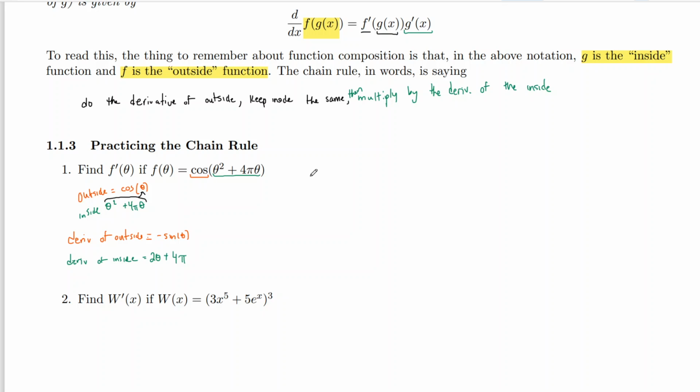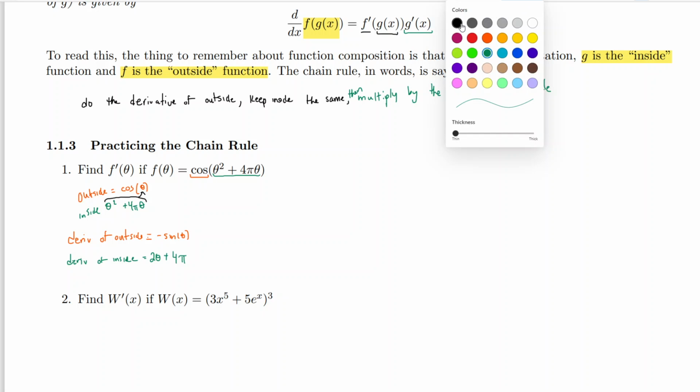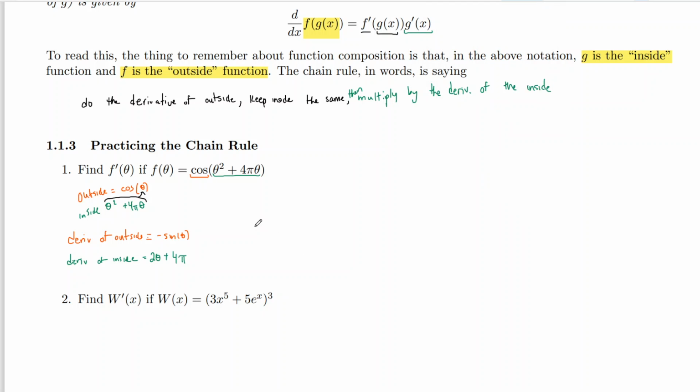All right, now how can we use this? What does the chain rule say to do? The chain rule says do the derivative of the outside. So f prime of theta, the first thing we have is the derivative of the outside, but I'm going to not write the theta in. Why am I not going to write the theta in? Because we keep the inside the same.